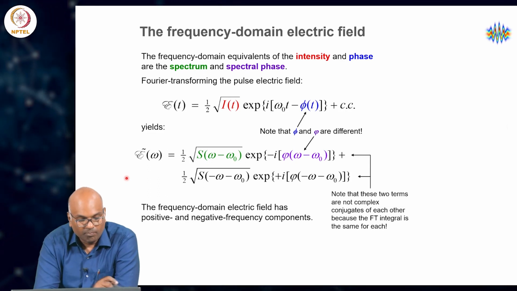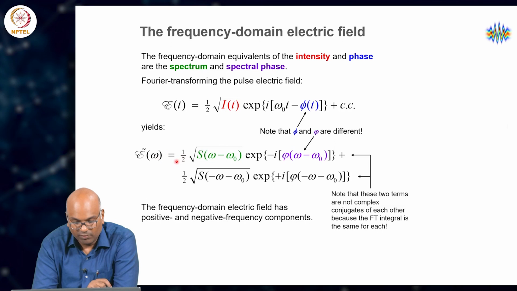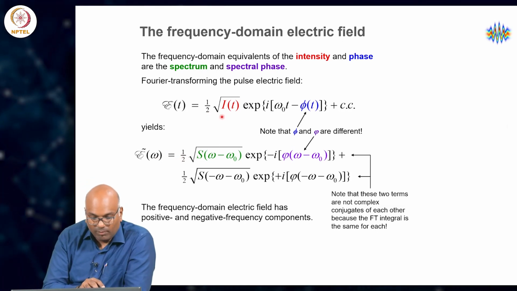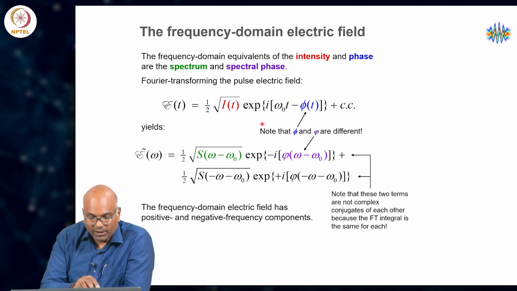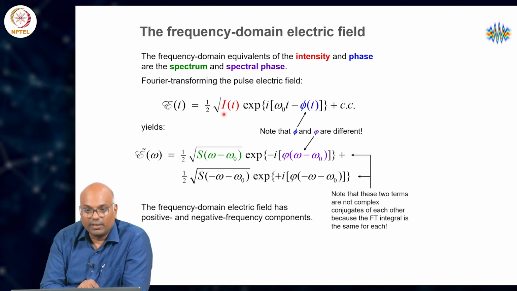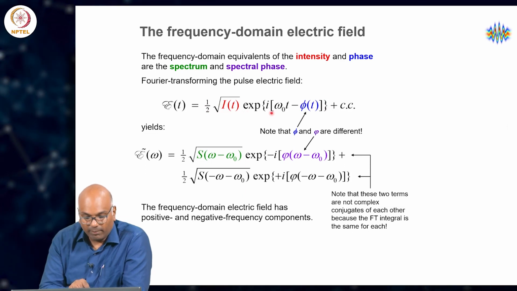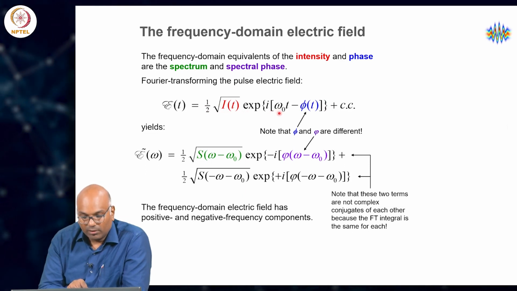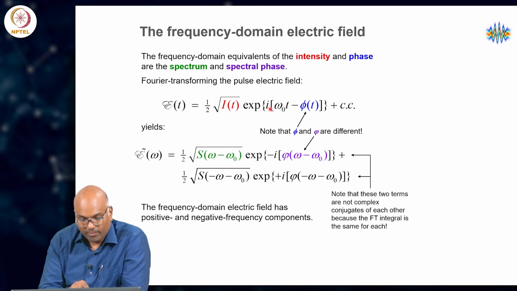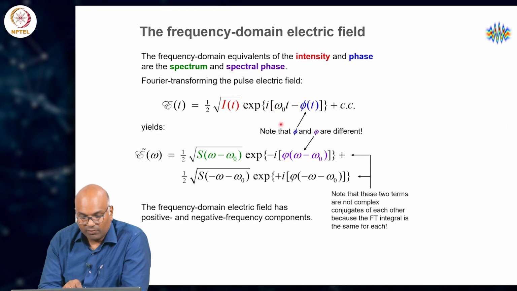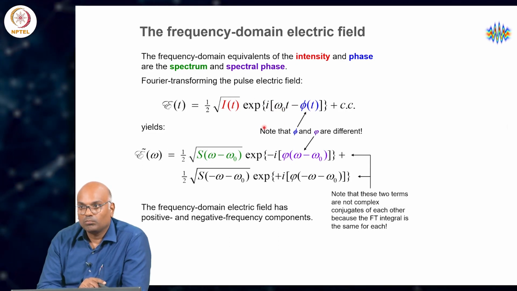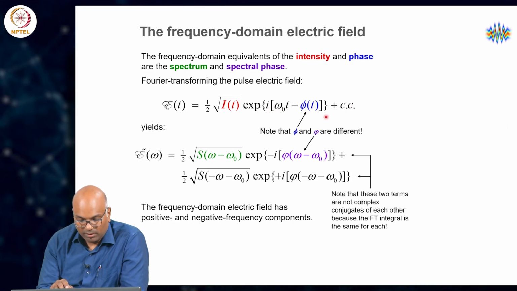So this complex function has two pieces. It is a sum of the Fourier transform of two pieces. The Fourier transform of this piece, a half square root of I, a real function, multiplied by e to the i omega naught t minus phi of t, all right, plus its complex conjugate.